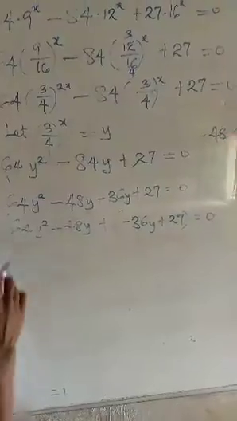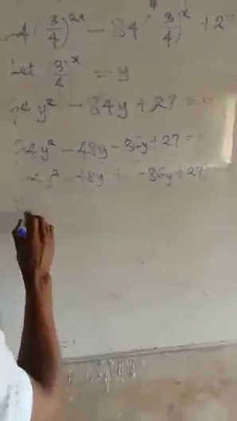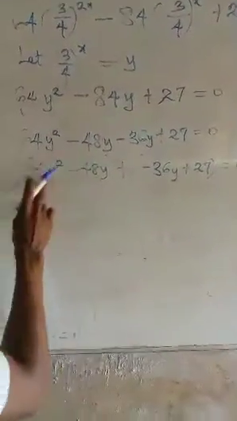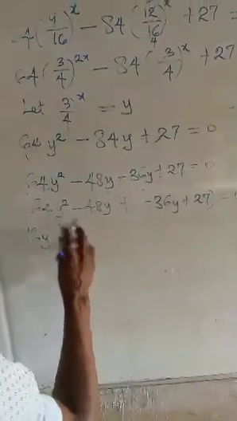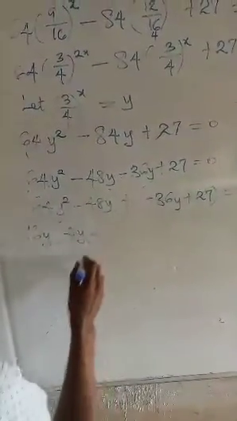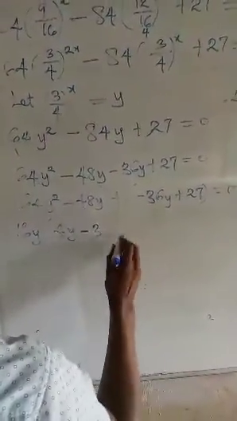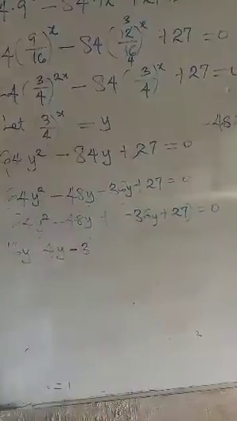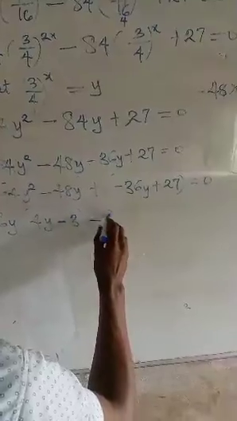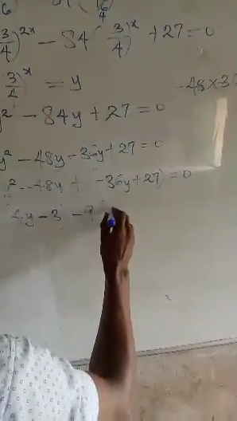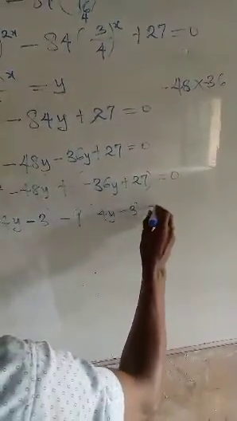I know 16 is common here. 16y into 16y divided by this to give us 4y. Then 16 divided by this, that will give us minus 3. Minus 9 is common here. So minus 9 into 4y minus 3 equal to 0.